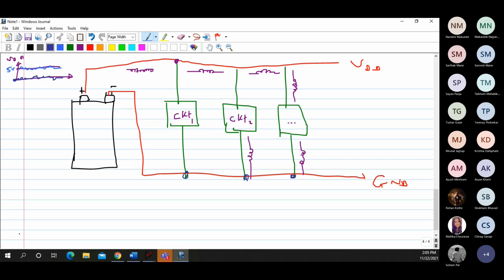That is called ground bounce. So differential amplifiers are immune to power supply bounce and ground bounce. Did you understand that, Rohan? Yes, sir, I got it.